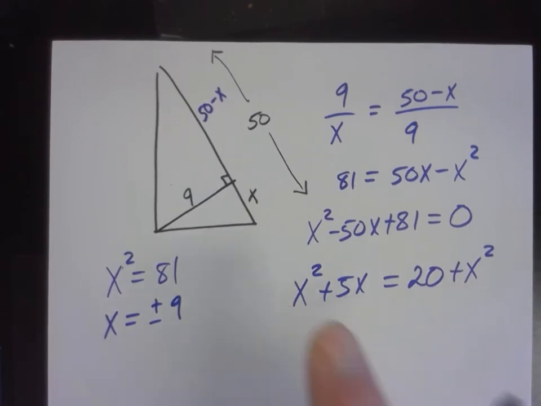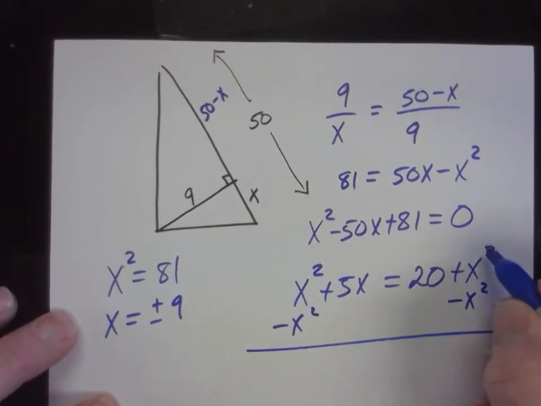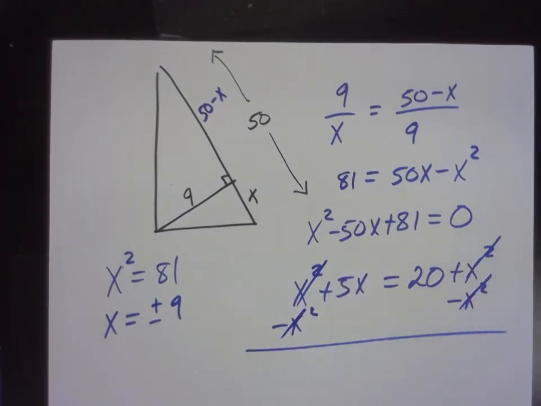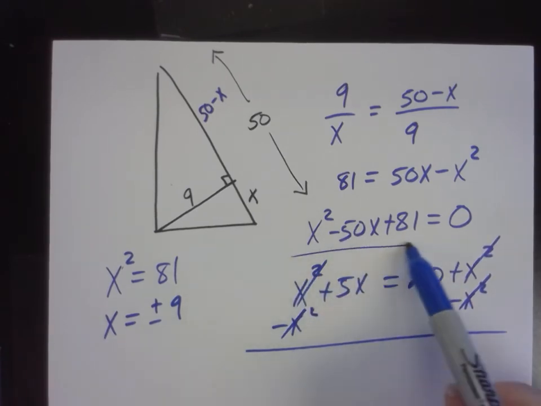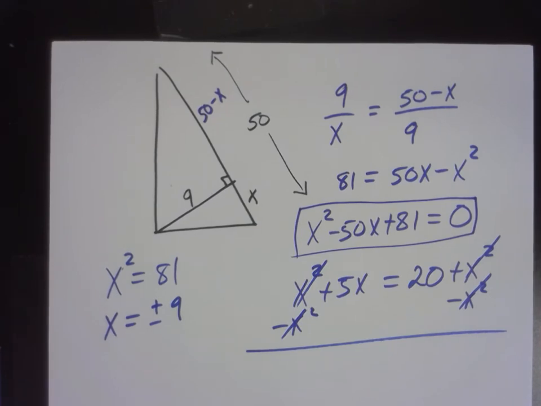You see how it's going to subtract from both sides? So that's always nice. So these just cancel out, and you end up with 5x equals 20, so x equals 4. So you will end up with something like that. But you shouldn't end up with any like this. If you do, just stop right there, and we'll just talk about that later.